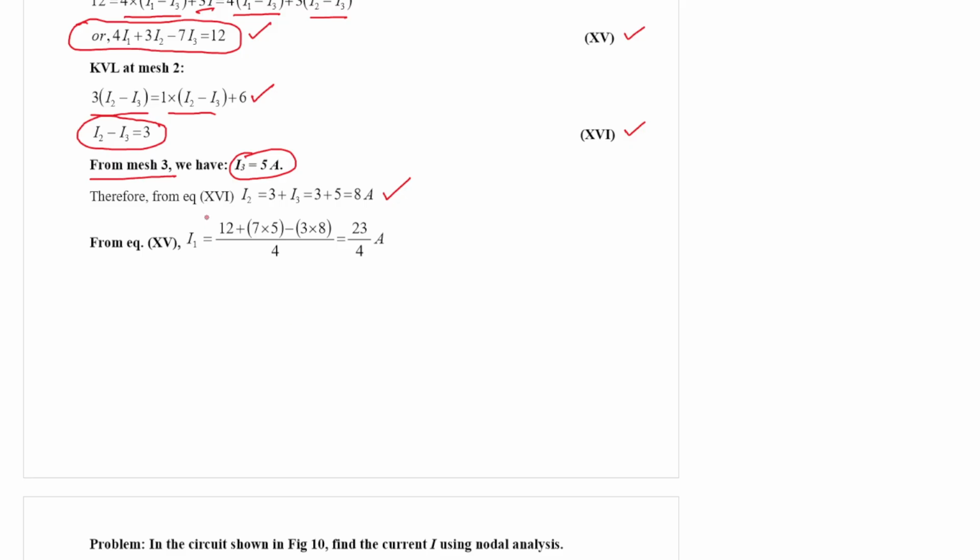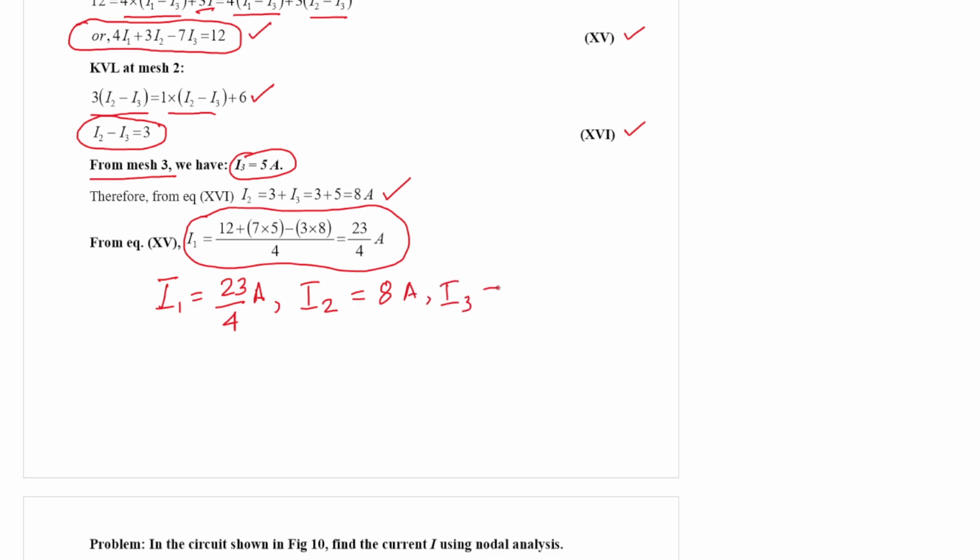If you solve, then we get I1 is equal to 23 by 4 ampere. So with this, by mesh analysis, we solved I1 is equal to 23 by 4 ampere, I2 is equal to 8 ampere and I3 is equal to 5 ampere.